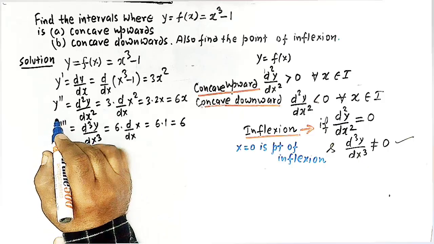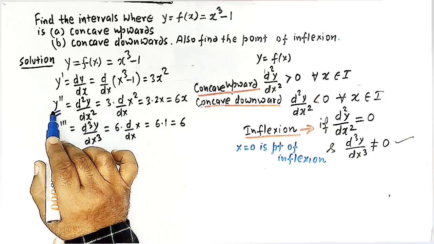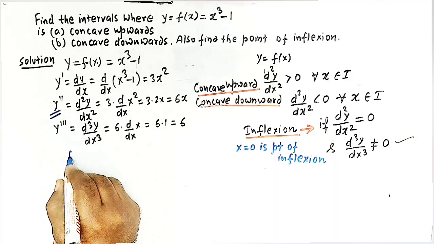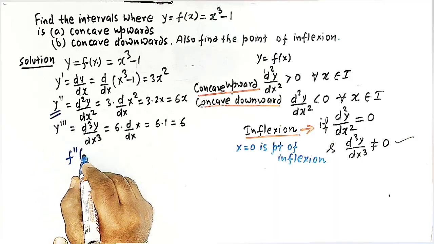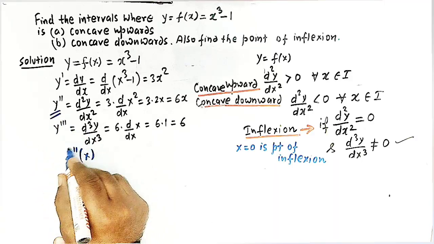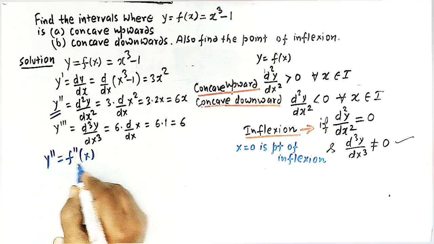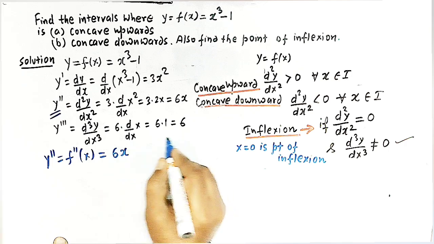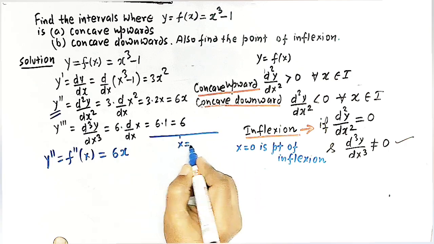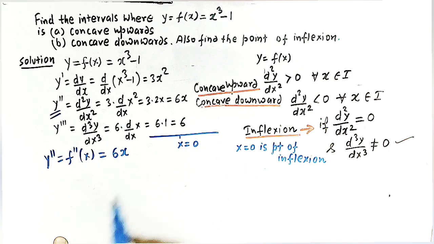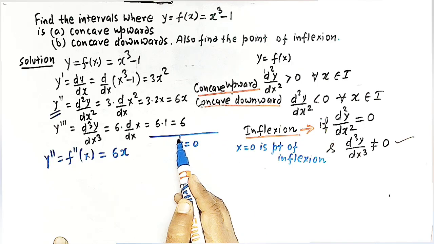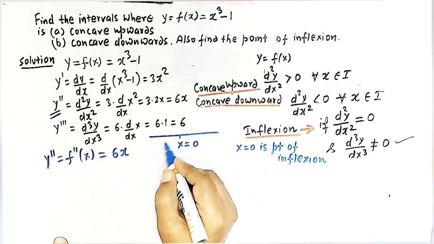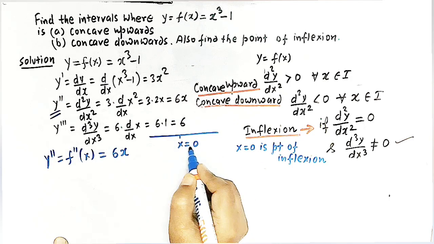So for this we have to make use of the second derivative, right? So the second derivative is f double prime of x. So here we'll use this notation, that is f double prime of x, and here we have 6x. So here we have x is equal to 0, right? So let us take 2 points, one towards the left and one towards the right, and the 2 points are very close to x is equal to 0.